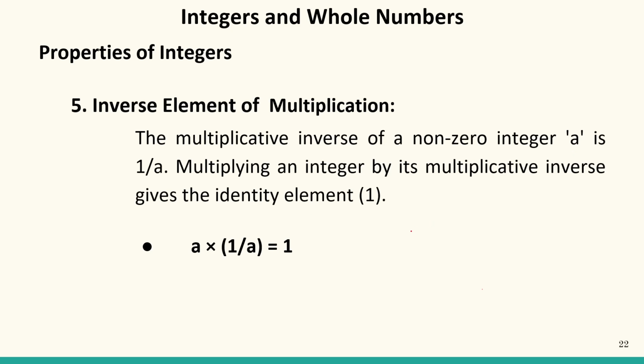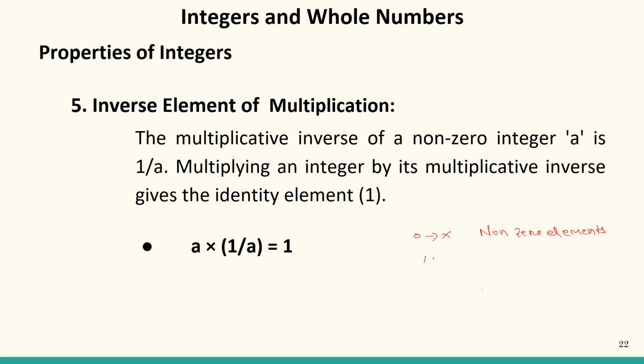So we can't get a multiplicative inverse of 0. 0 is something for which we can't get a multiplicative inverse. So only for non-zero elements can we get the multiplicative inverse.